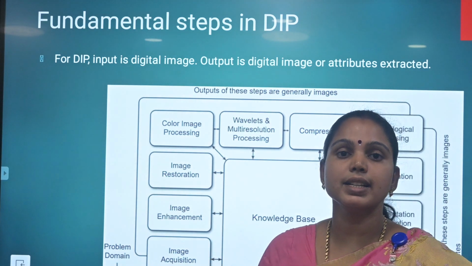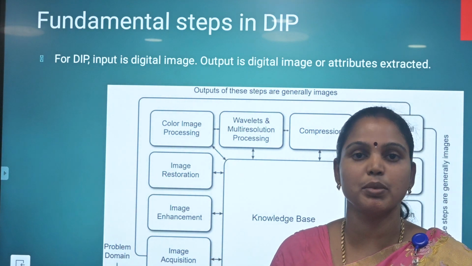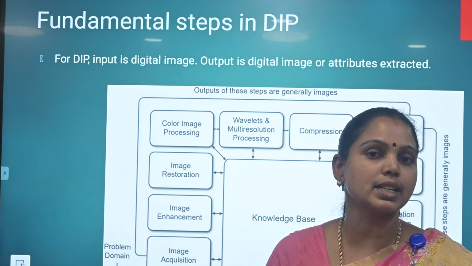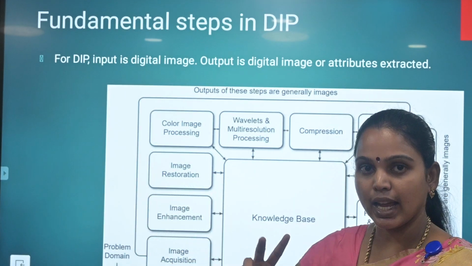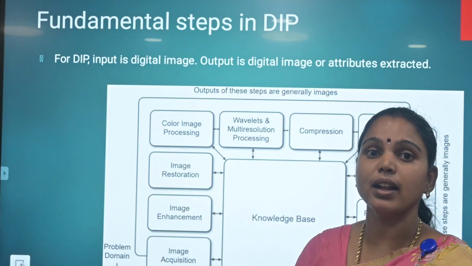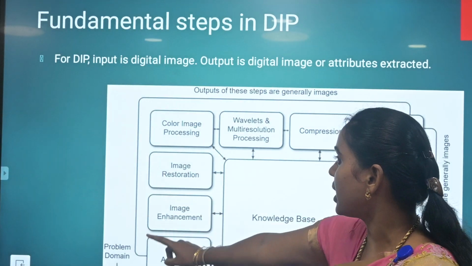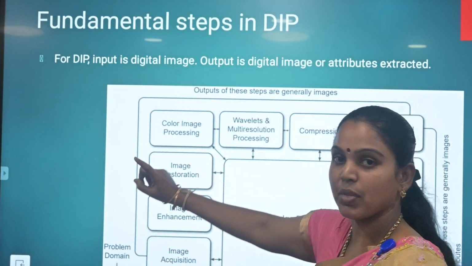Next, let's see some fundamental steps in digital image processing. There are 10 steps in total. The first one is image acquisition and the second one is image enhancement, next image restoration and next color image processing.